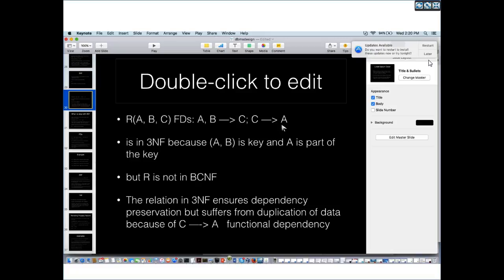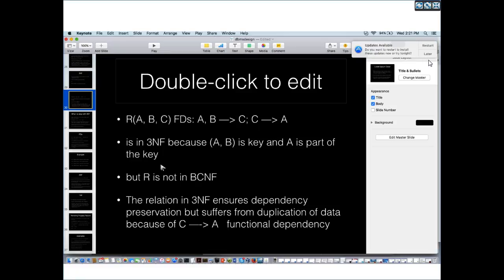Now we actually gave this relation, right? Why? Because if you split this to get it into BCNF, the only way to split it is RCA and then RAB. That is the only split that is going to bring it into BCNF.